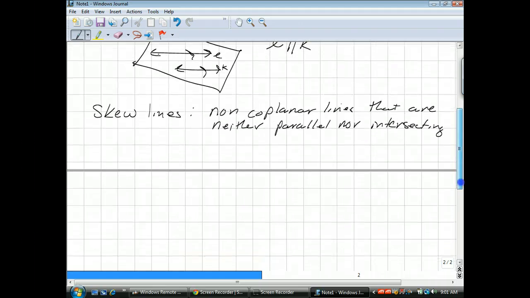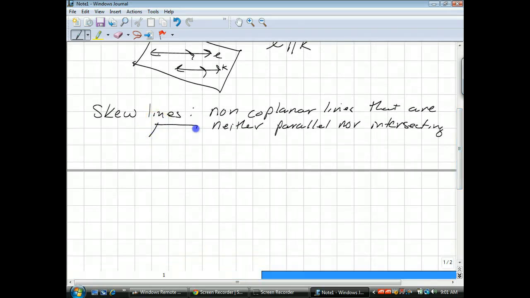So for instance, if I have this plane M with line P, and I have another plane N with line Q, and plane M and plane N are parallel planes, but notice that the lines are not parallel to each other, so we would say that those are examples of skew lines.